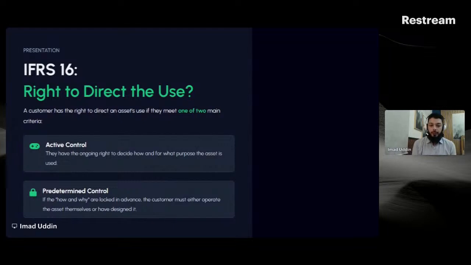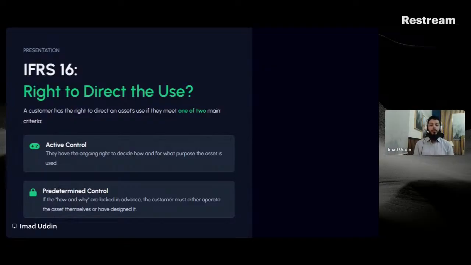A customer has the right to direct an asset's use if they meet one of two main criteria. Either there should be an active control, which means the lessee can direct the use however it likes, so they would have an ongoing right to decide how and for what purpose an asset is used, or they could have a predetermined control.